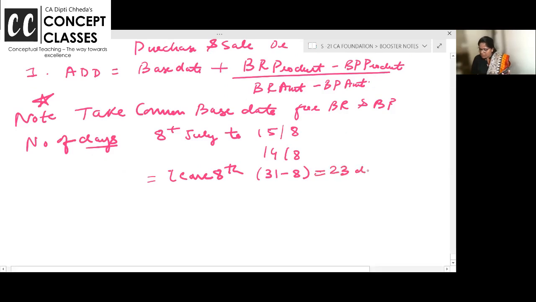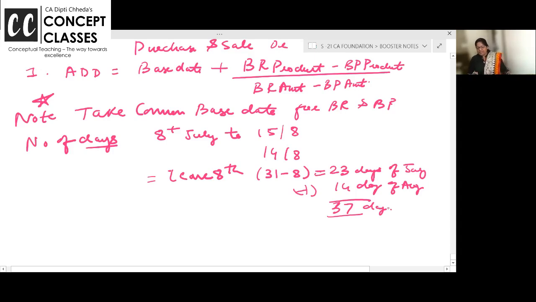23 days of July plus 14 days of August. So this is like 37 days. ये लिखने में कोई डाउट है तो पूछो.